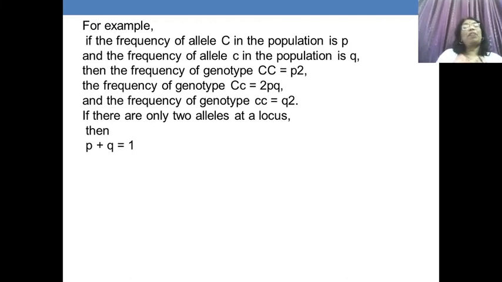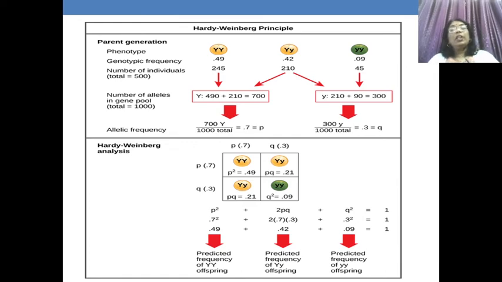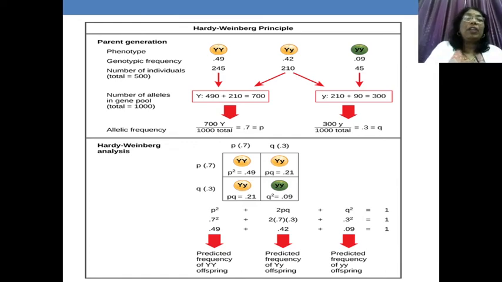But you must remember this equation well: P plus Q is always equal to unity, it always remains constant. In this example, the parental generation is capital Y small y; their phenotypic expression is not given, but the genotype frequencies are 49 and 42.